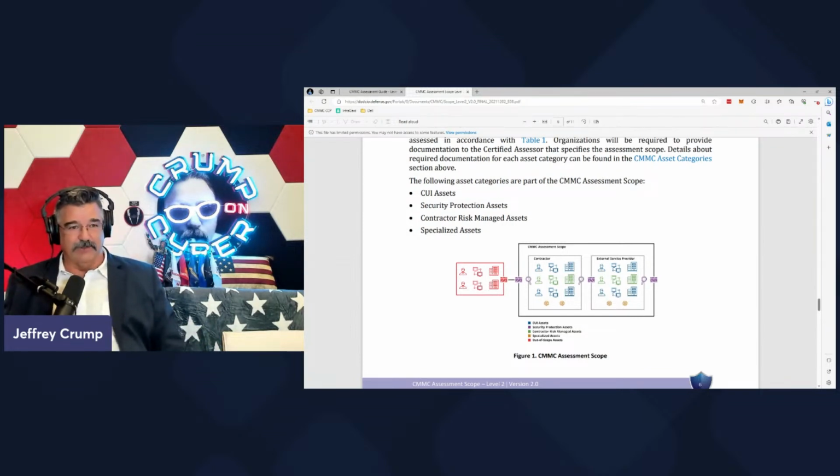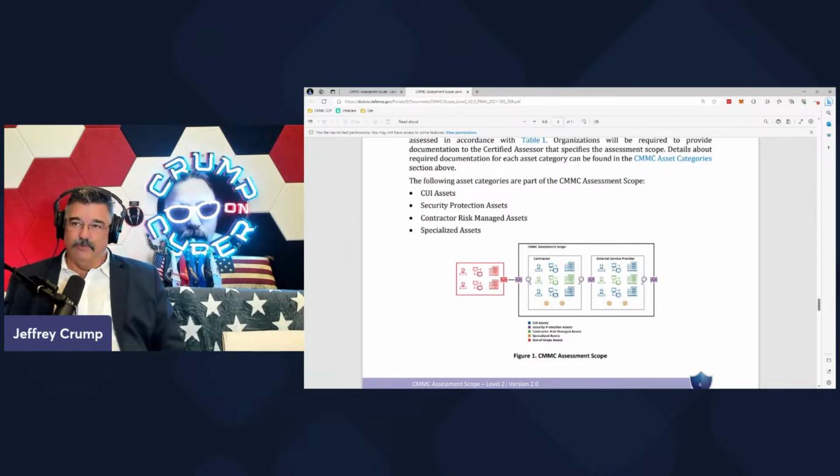You've got some color coding and all that kind of good stuff. But this diagram we see here really is not going to be adequate for any kind of CMMC assessment. There's just too much information missing, too much context missing from this.